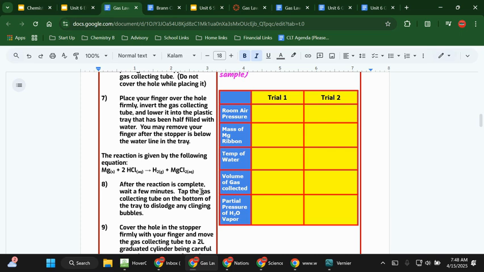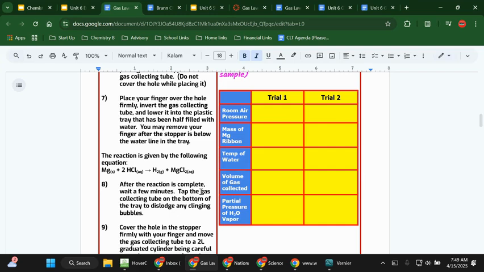And I am going to get the water level inside the tube and the water level in here to the exact same height. Because when the water level in here and the water level in here is the same height, the pressure of the gas in here will be the same as the pressure of the gas pushing on this water. Do we know the pressure of the gas pushing on this water? What is it?